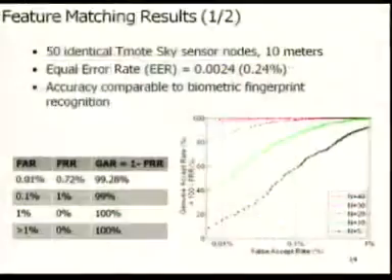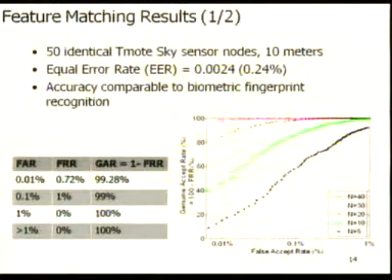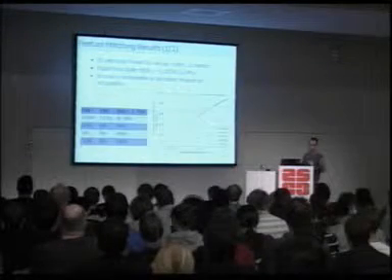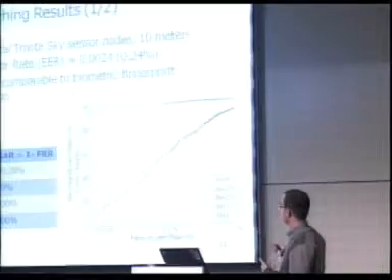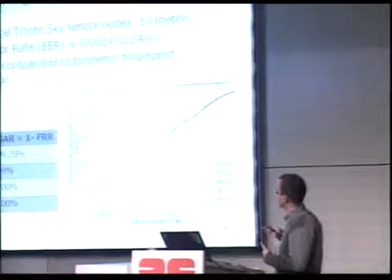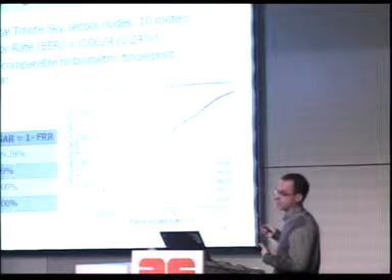And here, actually, we varied the recognition. This graph shows the false accept and the genuine accept rate for different numbers of signals that we use to extract the features. So if you use more signals from the device to extract the features, like 40 different packet transmissions, then we had the highest accuracy.